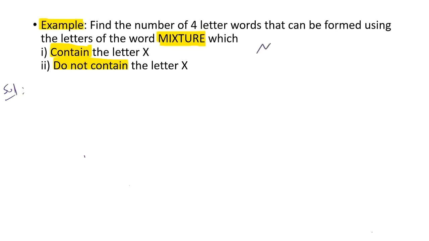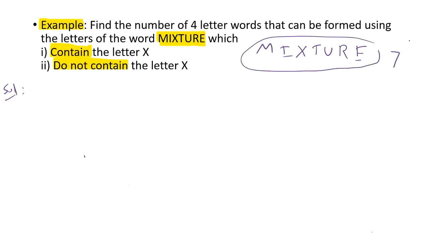So we have the letters of the word MIXTURE: M-I-X-T-U-R-E. So how many are there? 1, 2, 3, 4, 5, 6, 7. So on the whole we have 7 distinct objects.